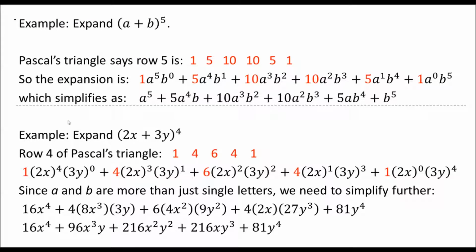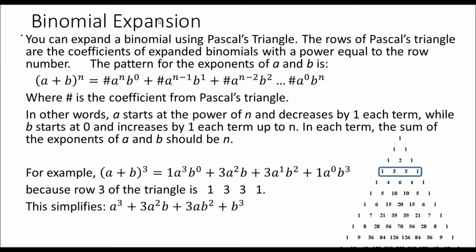Okay, so here's another example. We're going to expand A plus B to the 5th power. Now, if you look at Pascal's triangle, and I'm going to go back here, if we go to the 5th row, 0, 1, 2, 3, 4, 5, remember to start at 0. The 5th row says 1, 5, 10, 10, 5, 1.